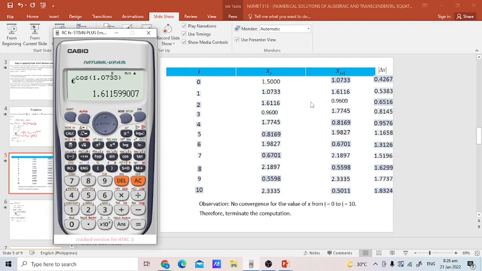Gawin mong ito naman 1.61159, siya yung ilagay mo dito. 1.6116. 0.9600. Tapos siya na naman ilagay mo dito. 0.9600. Makukuha mo yung 1.7745. Yung 1.7745, siyang ilagay mo.